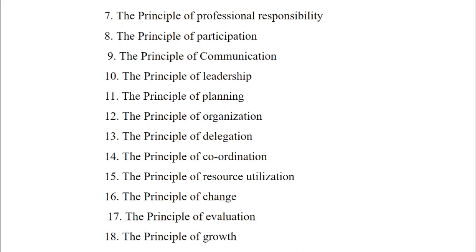And then finally, the principle of growth. So these are the 18 principles given by Checker for social work or social welfare administration.